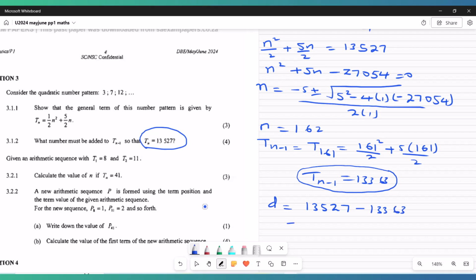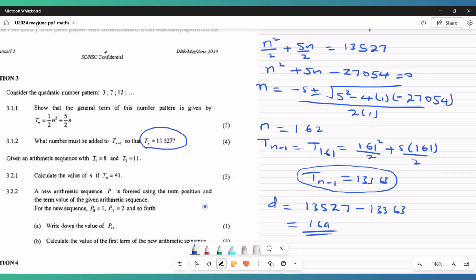What do we get here? 13527 minus this here, it gives me 164. So the answer should be 164. Hope we are together. That's what must be added to Tn minus 1 so that our Tn becomes 13527.